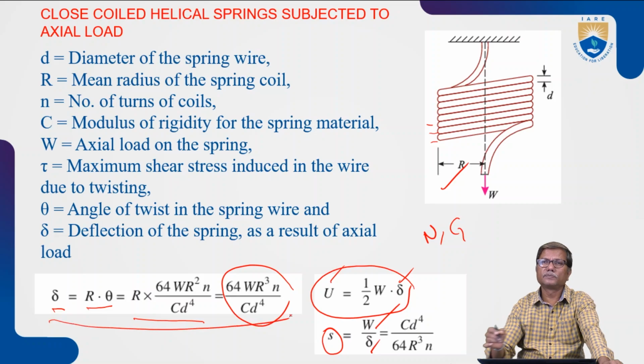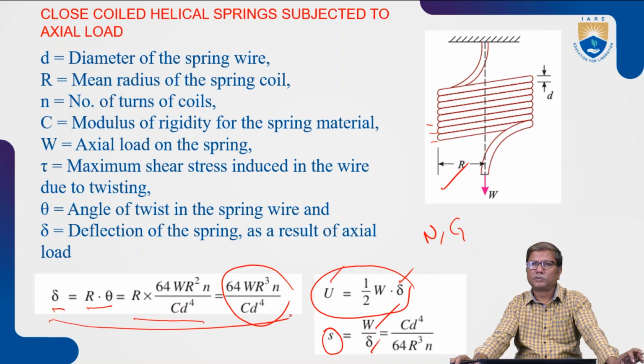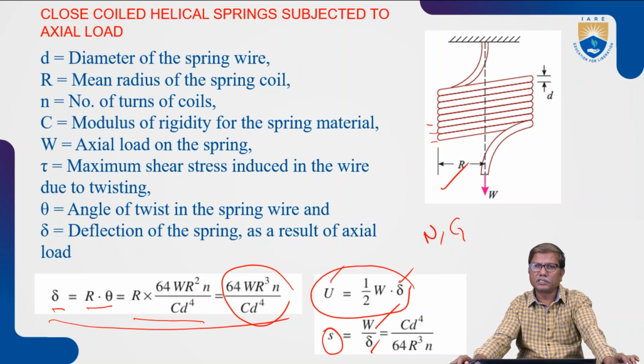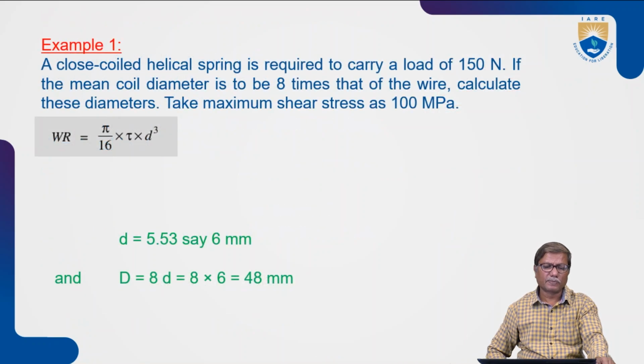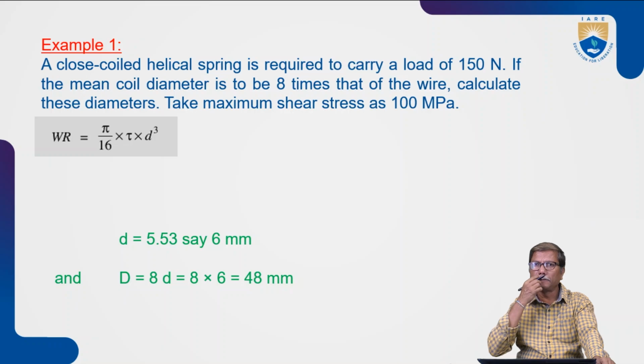From this equation, W by delta, the stiffness, is given as C D power 4 divided by 64 R cube N. These things we have already discussed. Now let us see some numerical examples.